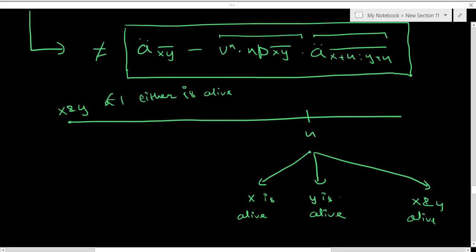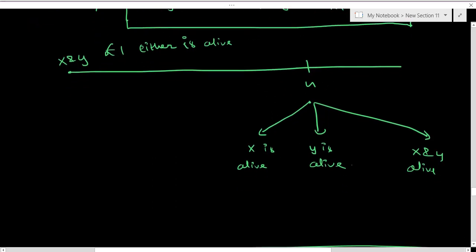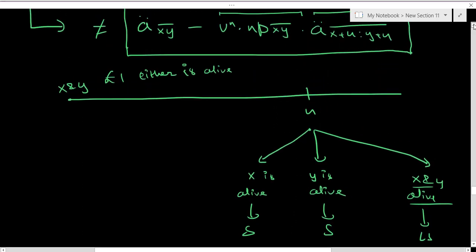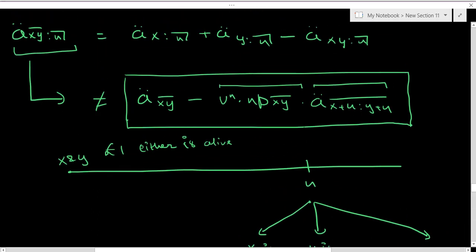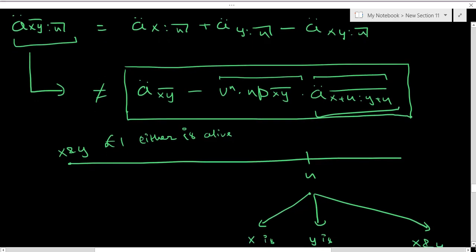In case only Y is alive, it becomes a single life annuity contingent upon the survival of Y. Only in case both are alive does it stay a last survivor annuity. So there are three cases, and in this formula we just assume that it would only be a last survivor annuity at the end of the n years.